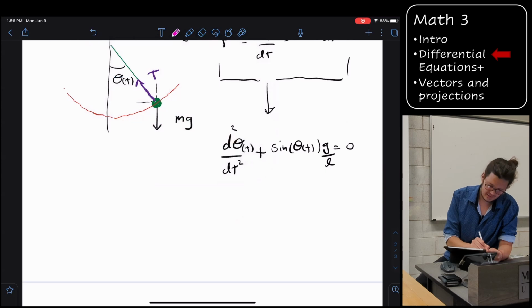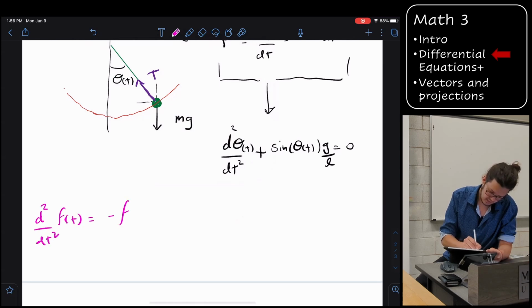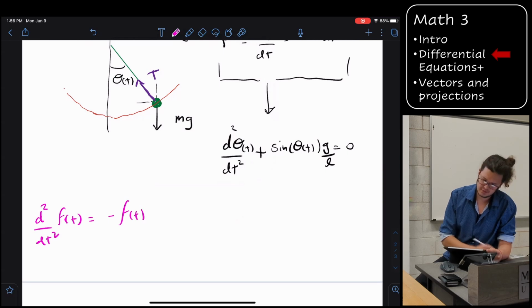The second derivative of the function with respect to t is equal to the negative function. So if I have this equation, and we allow to have a constant here that I'm going to call omega square.